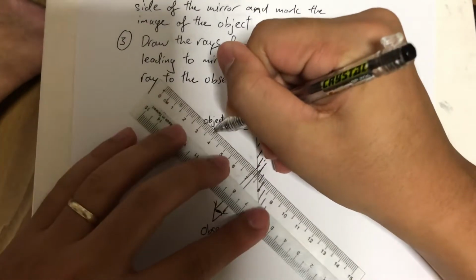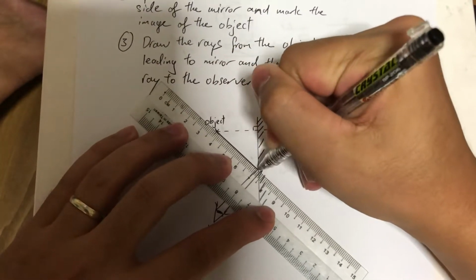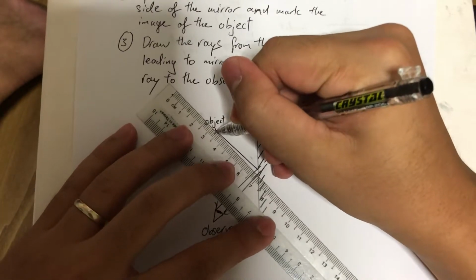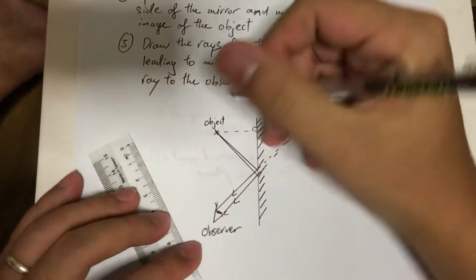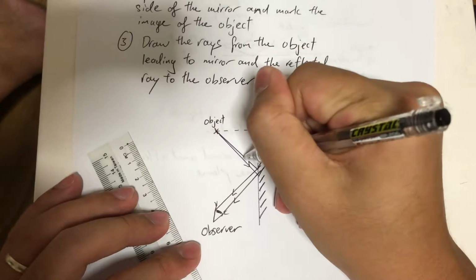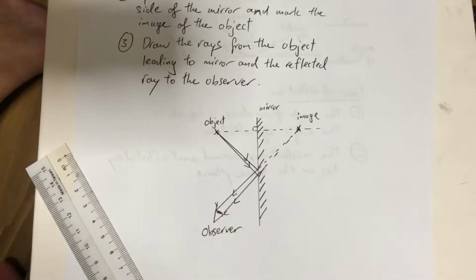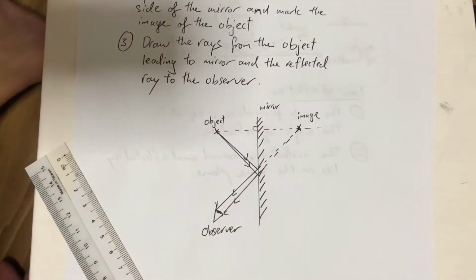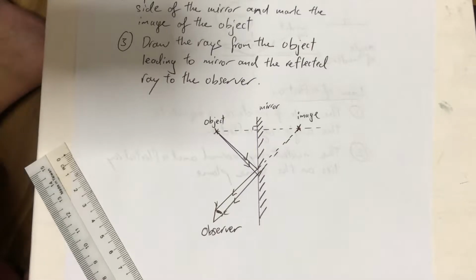So let's complete this ray diagram. It's also important to note that this is not the standard way of drawing, but it's a simplified way to make sure that we get the image drawn at the correct position.